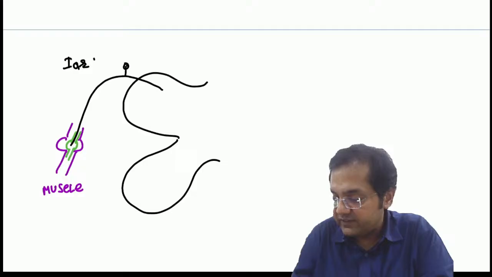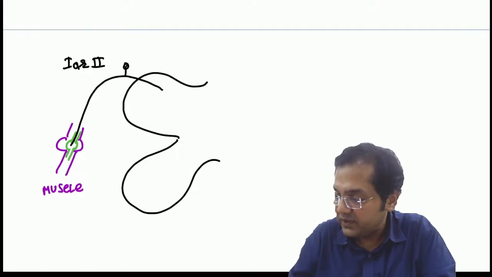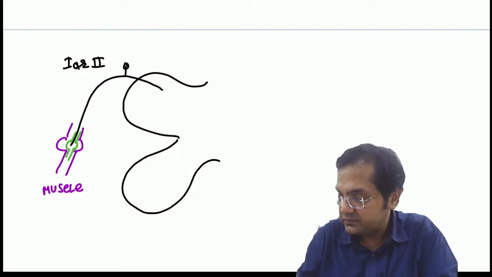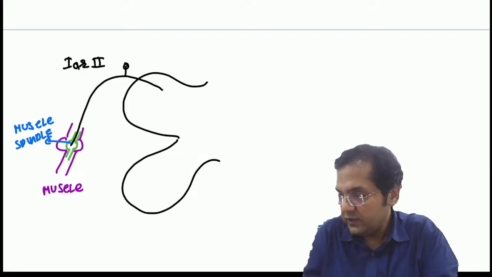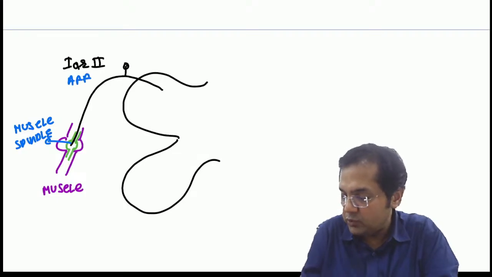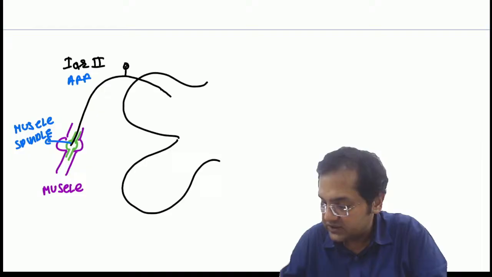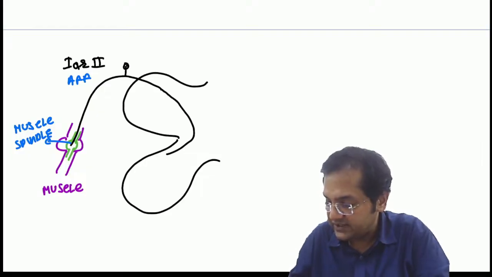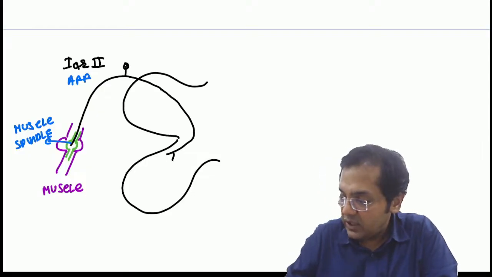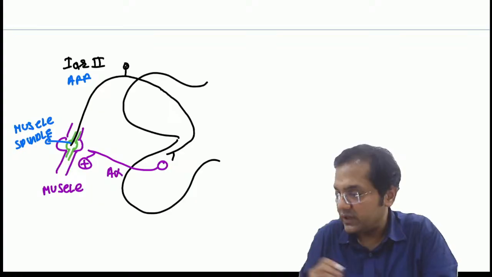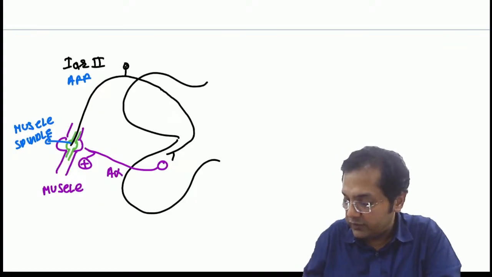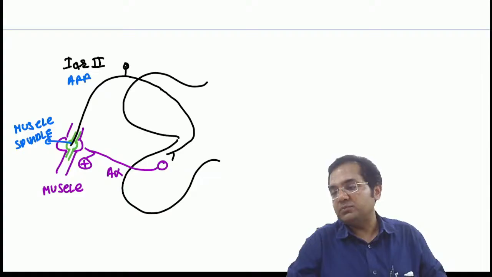This is the muscle spindle. These afferents are 1A and 2. This muscle spindle detects change in muscle length. This is the receptor, muscle spindle. Afferents are 1A and 2. They bring the information to the ventral horn. Now this synapses with alpha motor neuron, which will cause contraction of the large muscle fiber.